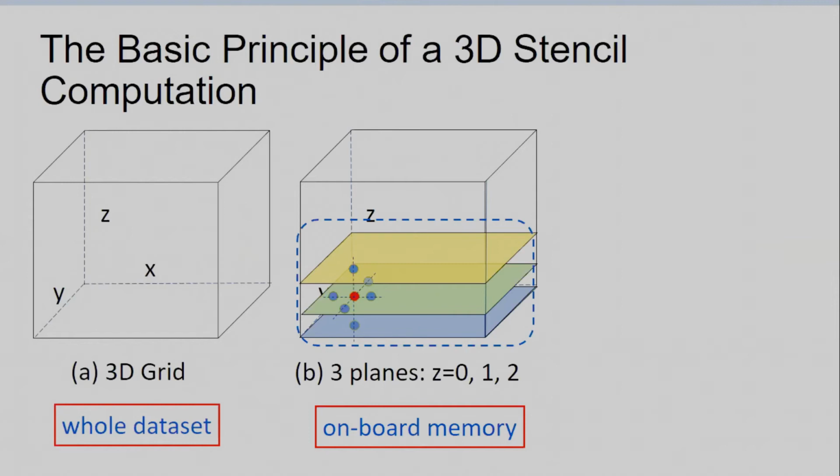To calculate one XY plane, we have to load 3 consecutive planes. Since our onboard memory is limited, we only keep 3 plane buffers on the onboard memory.